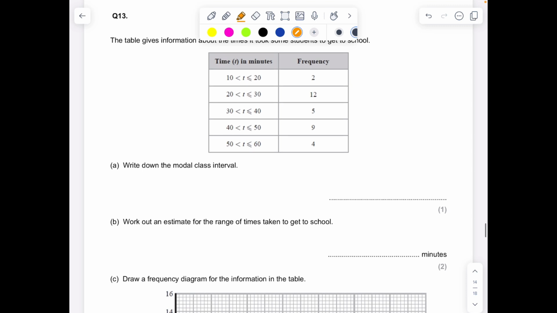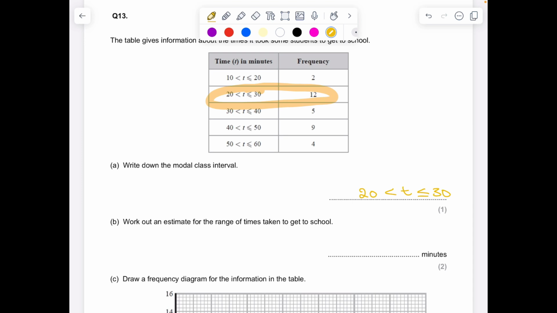Okay, now on to 13. Write down the modal class interval. So it's the one with the highest frequency, and so it would be between 20 and 30. So that would be your answer there for the modal class.